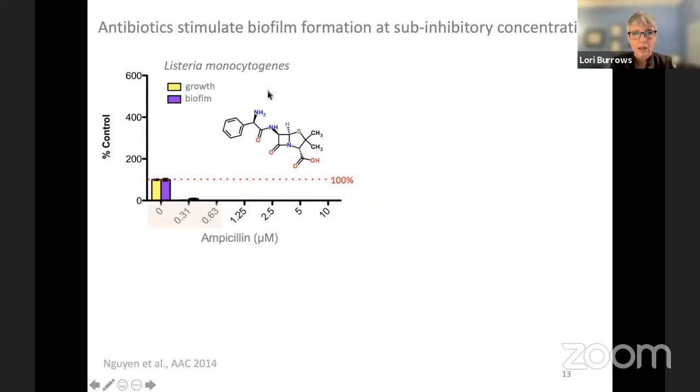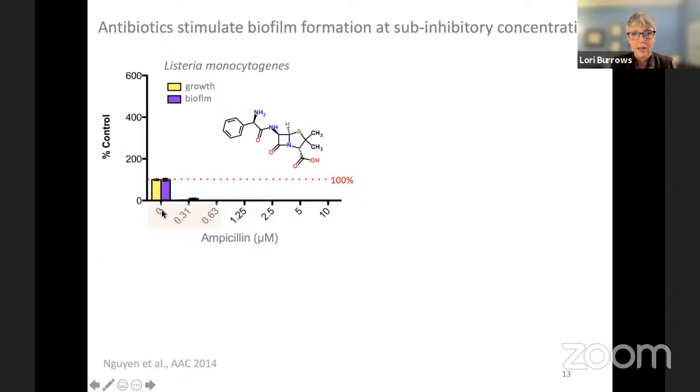I'm going to show you a lot of these graphs that have yellow and purple. Yellow is the growth in the dish itself, and purple is the amount of biofilm that's formed. For Listeria, ampicillin is a really powerful drug, right? Even though we screen at 10, that was way above the minimal inhibitory concentration.